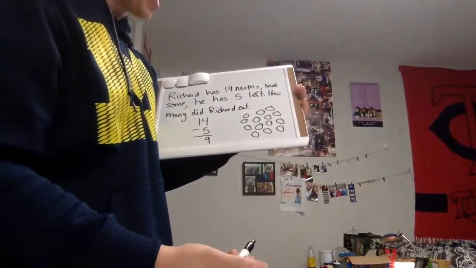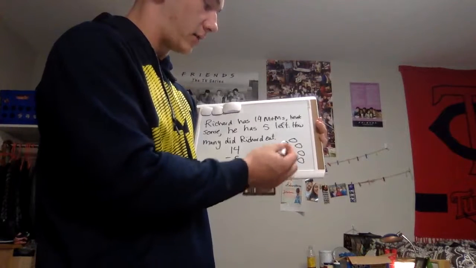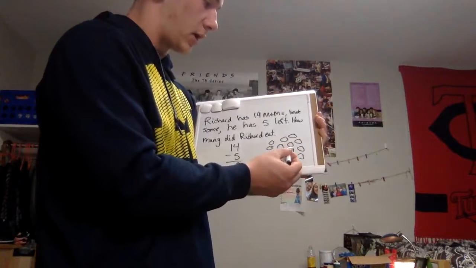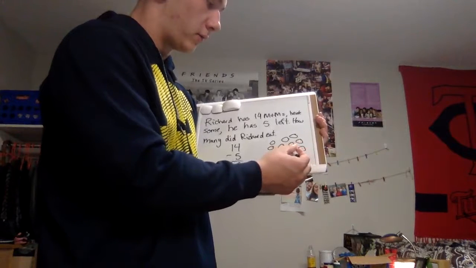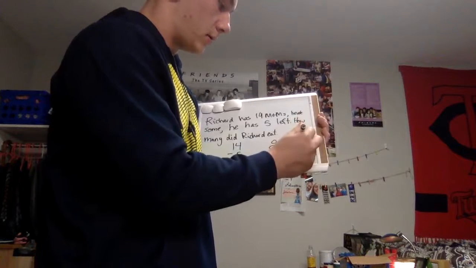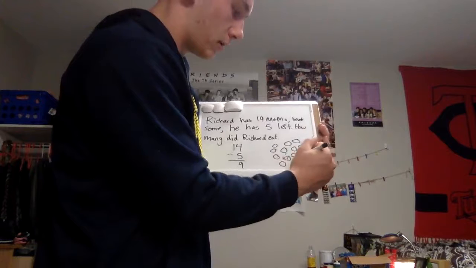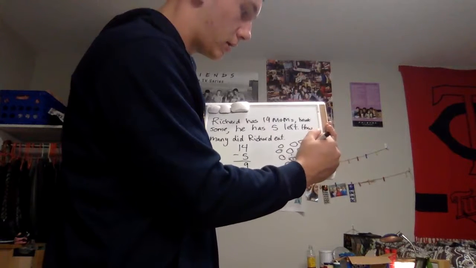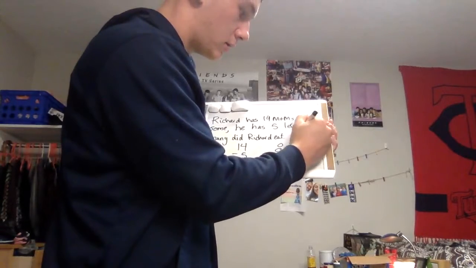So if there's only 5 left, you leave 5 that are not crossed off, and then you cross off the rest. Or actually, a better way would be to just count up to 9. So 1, 2, 3, 4, 5, 6, 7, 8, 9.